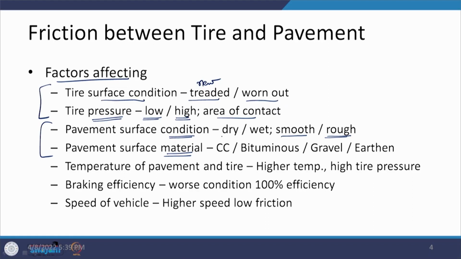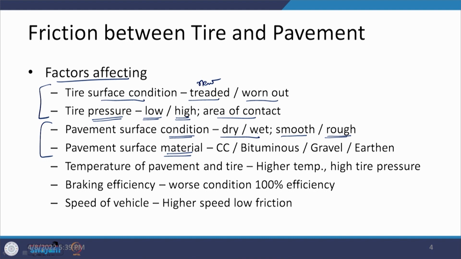Some material may come out, some layer deformation may be there, or any other thing happening on the surface of the pavement because of either the traffic or the environment is going to make it rough. So, when the pavement is smooth compared to when it is rough, obviously you can understand in which particular case the friction is going to be less or in which case the friction is going to be more.